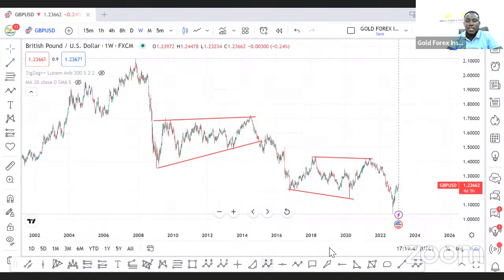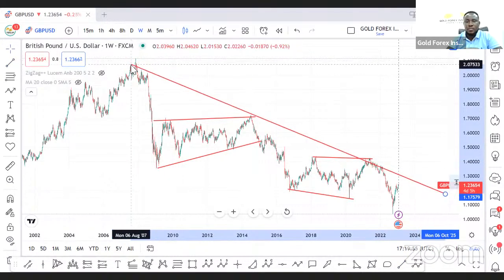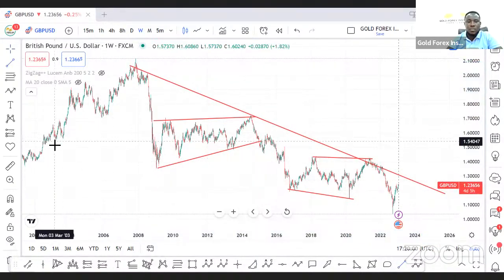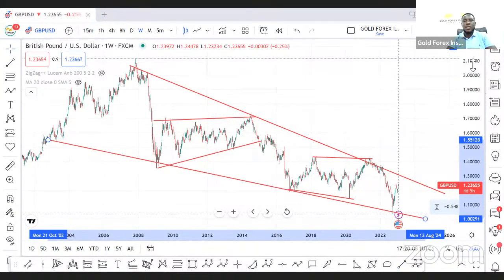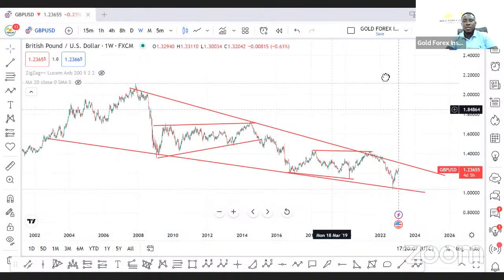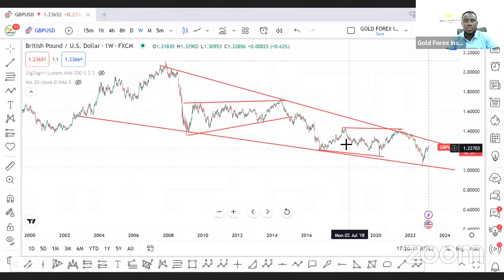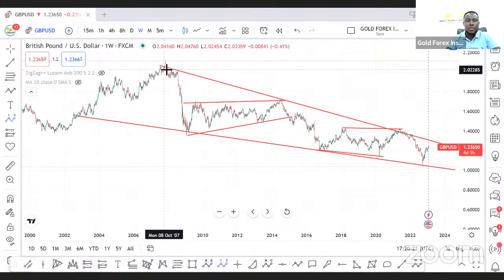Now, this is more or less like a diagonal. For pound USD, let me show you guys something.